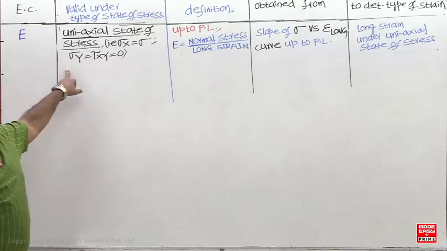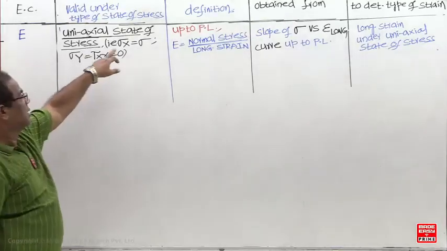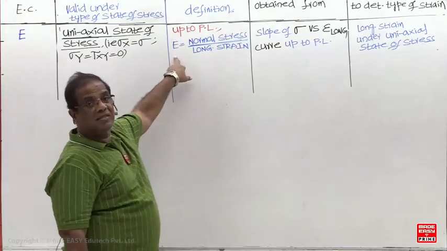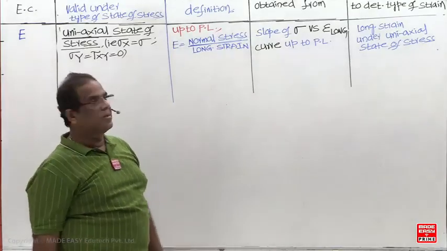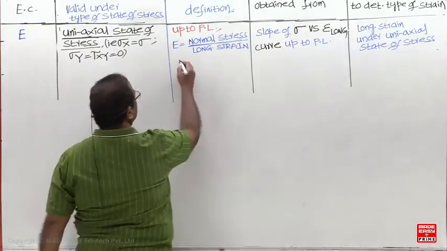Under uniaxial state of stress, up to proportional limit, Young's modulus is the ratio of normal stress and longitudinal strain.